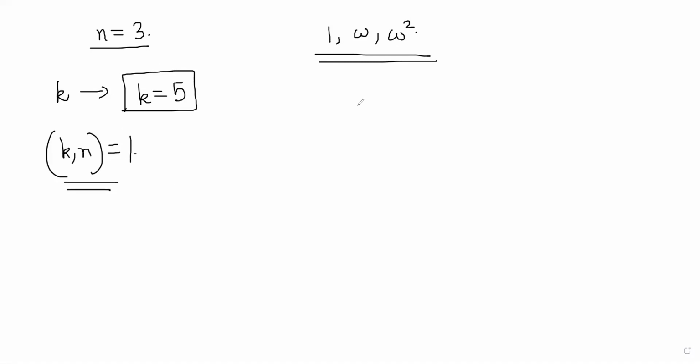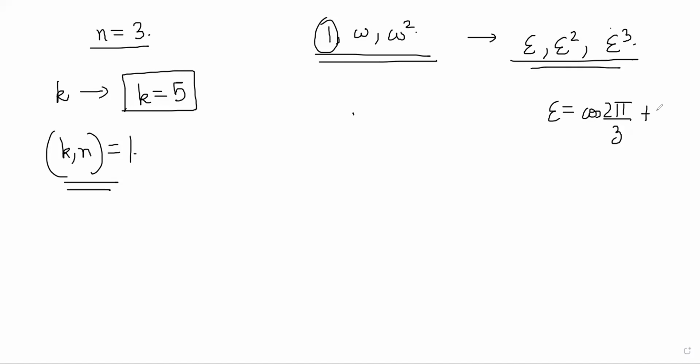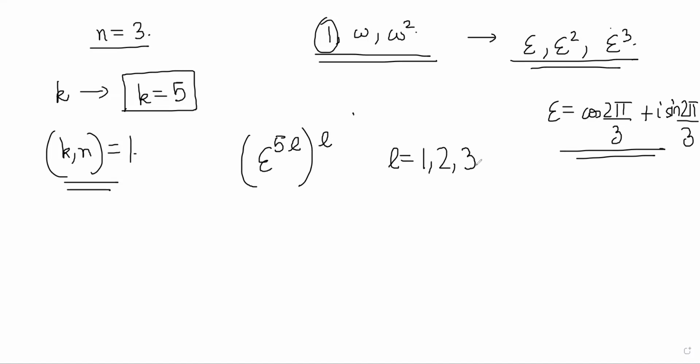Now the claim of the property was saying that epsilon, and this can be written as epsilon, epsilon square, and epsilon cube, right? Epsilon cube is basically 1 because epsilon in this case is cos 2 pi by 3 plus i sine 2 pi by 3, right? So what we are claiming is that epsilon power kl, which is 5l, whole power l, where l goes from 1, 2, and 3, forms the complete set of roots, right? So basically the roots will be what?